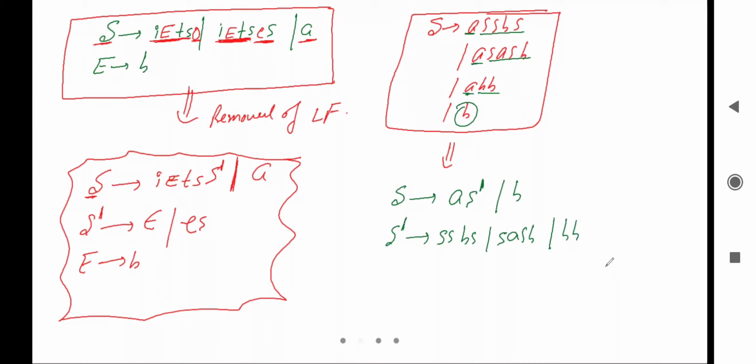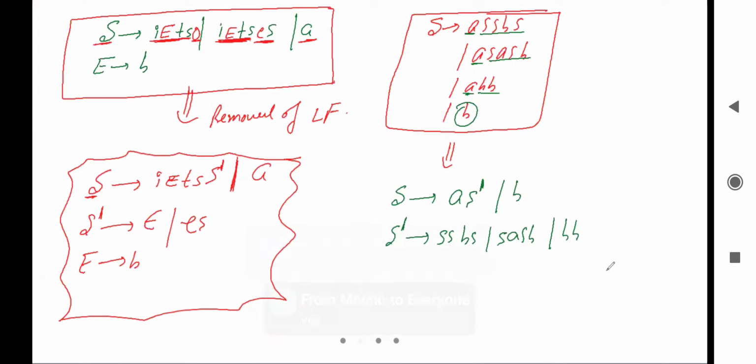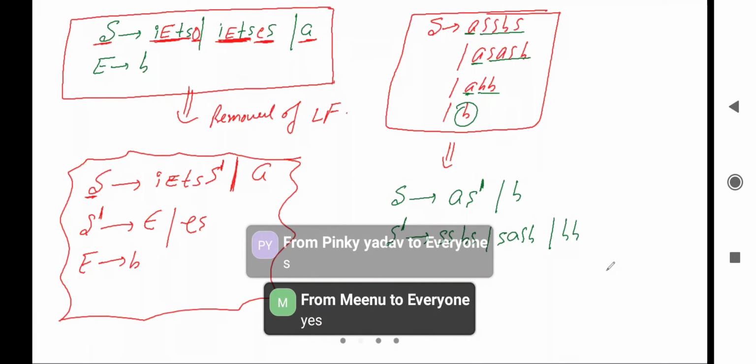Okay, after doing this one, tell me, is there any left factoring right now in this new grammar? Yes, again there is a left factoring, so we need to remove that left factoring again.